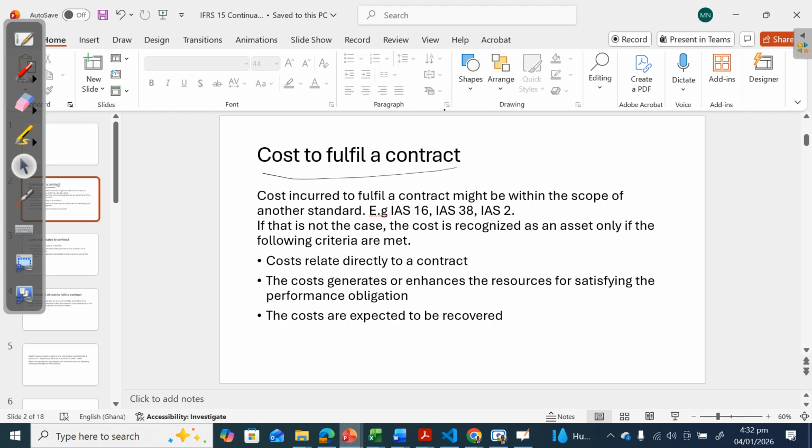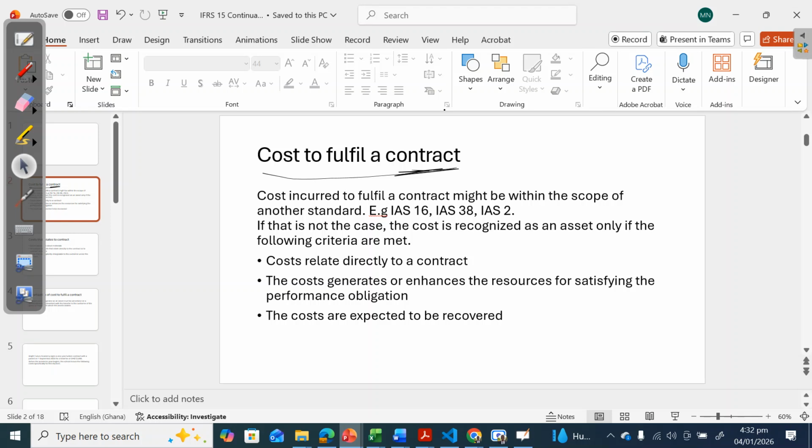Okay, so you may incur certain costs as part of execution of the contract. So now, how do we handle the cost that you have incurred when you are executing the contract? That is what this aspect is looking at.